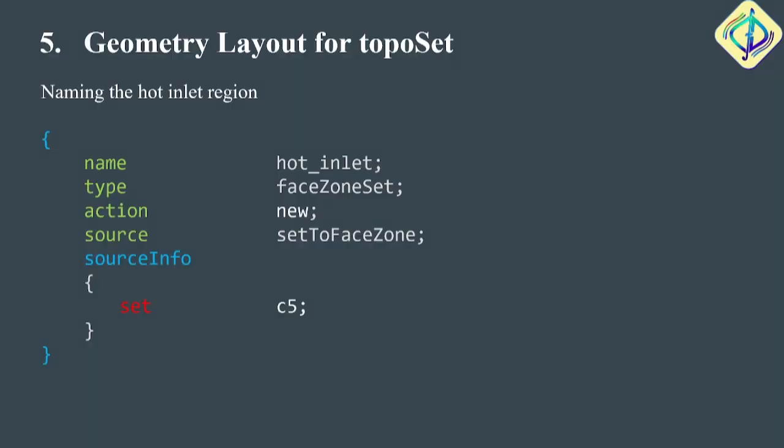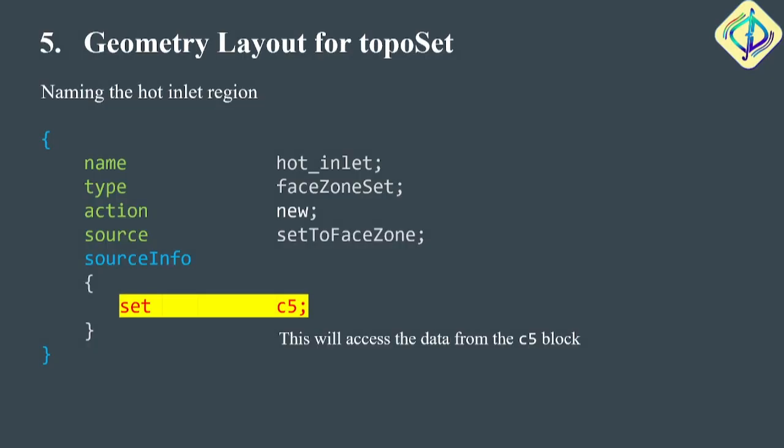Okay, so you've defined your hot inlet region, and now you will name that hot inlet region. Again, you can name it hot inlet or anything you want. For type, instead of using the cell zone set type, you will use the face zone set, because we are setting up a face zone now. Action is new because we are specifying a new face, and source is set to face zone, not set to cell zone.